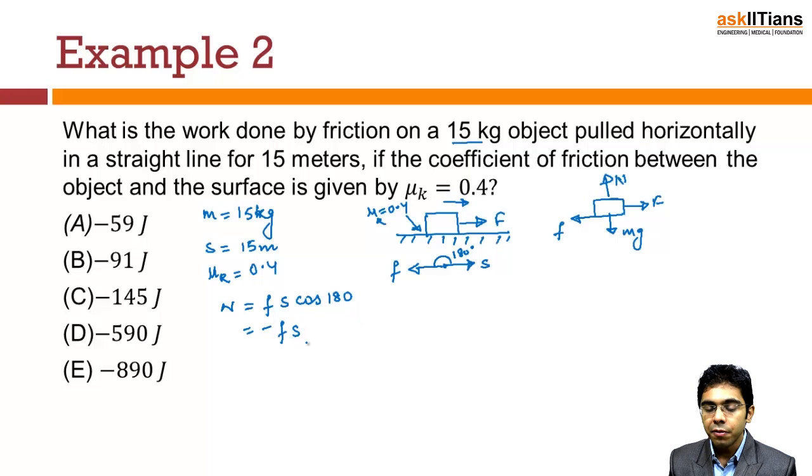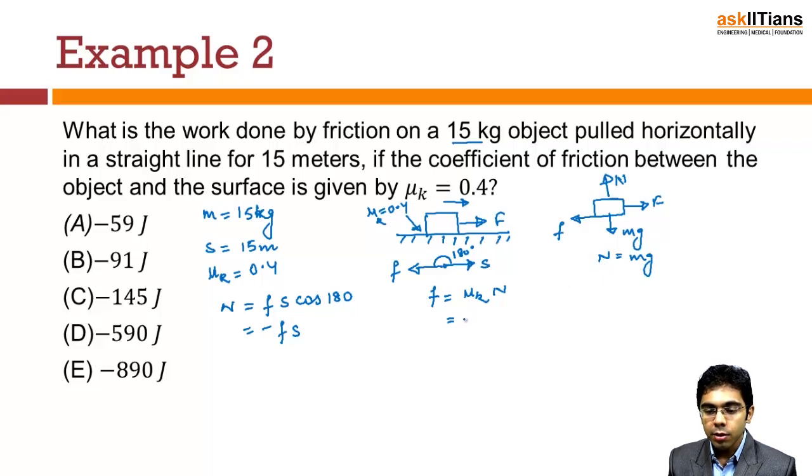First let's find the force of friction. Since the body is in motion, the force of friction equals mu k into N. Since there is no motion along the y direction, the normal comes out equal to mg.